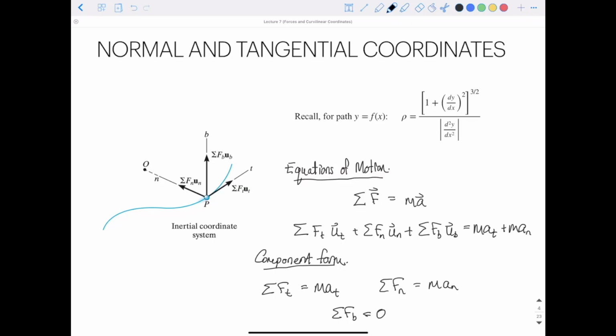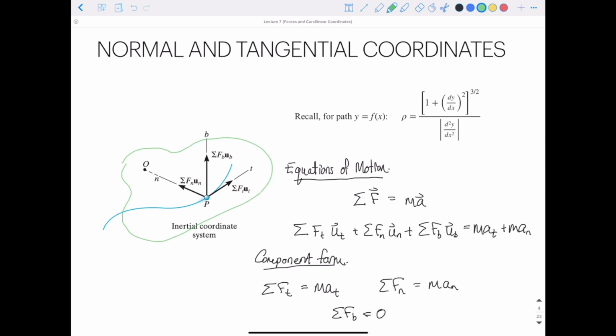Okay, so if we imagine, and try to crudely draw, there's some plane that this object is moving in. Imagine that this curve rests in this green plane. The b direction, the binormal direction, is the direction that is normal to that plane.